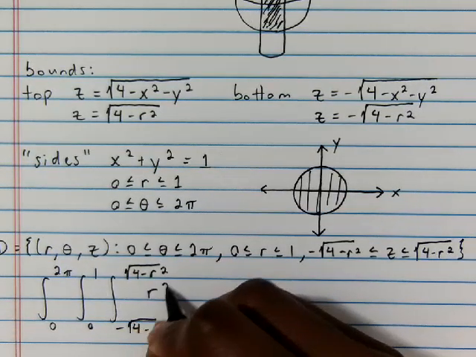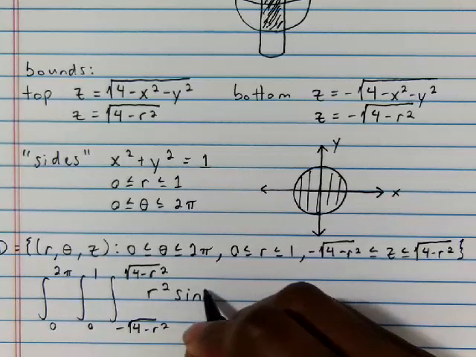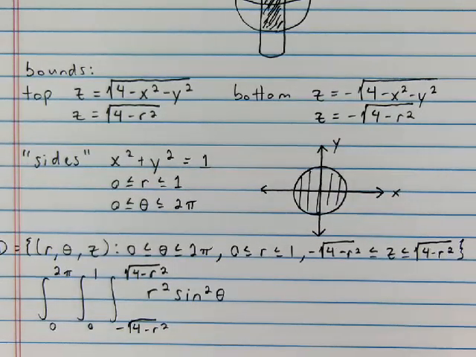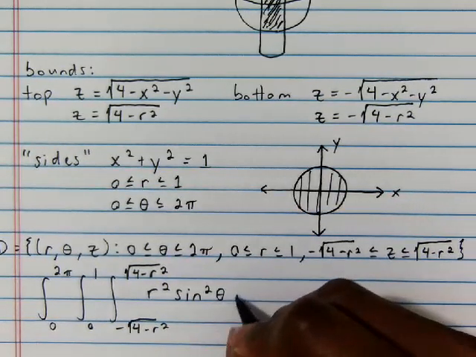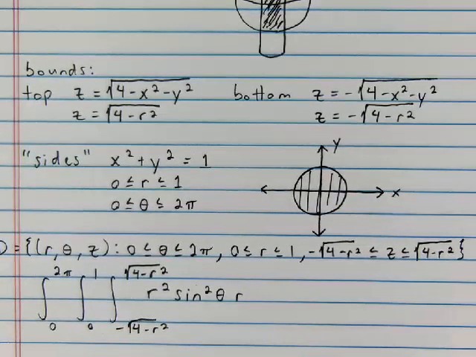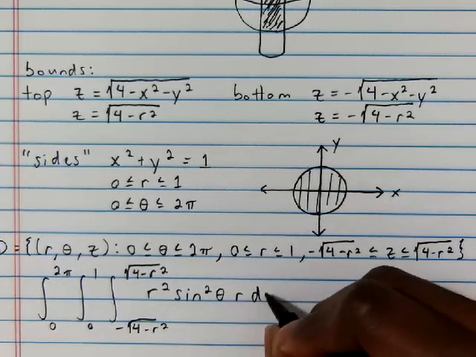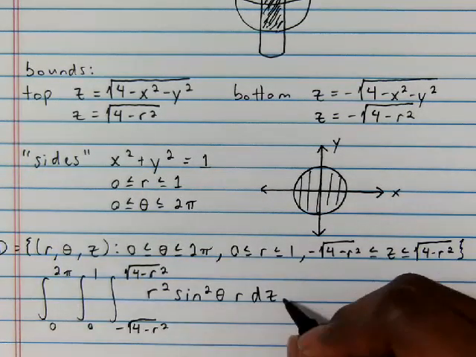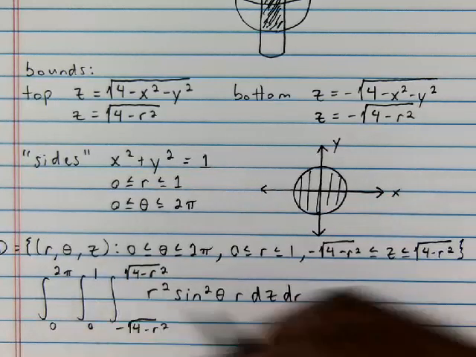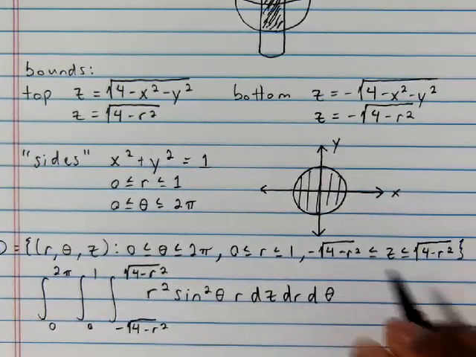So our integrand becomes r squared sine squared theta. And remember, when you do cylindrical coordinates, you need that additional r at the back. These are z's, so that's dz. These are r's, so that's dr. And these are thetas, so that's d theta.